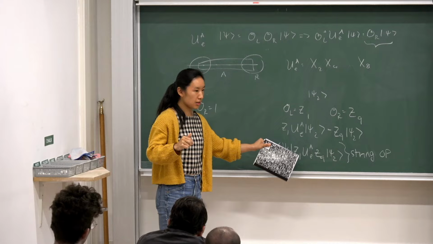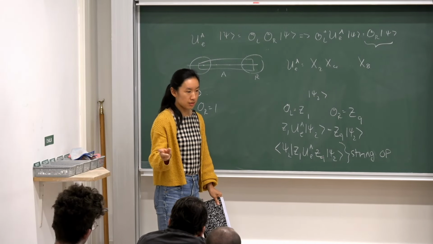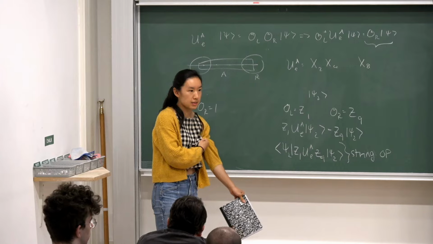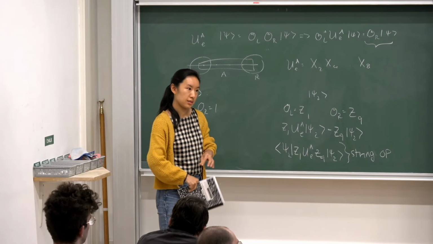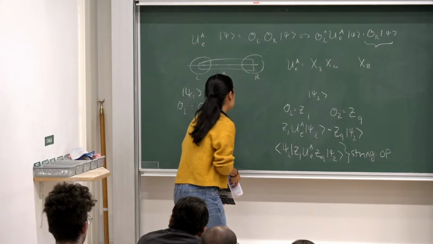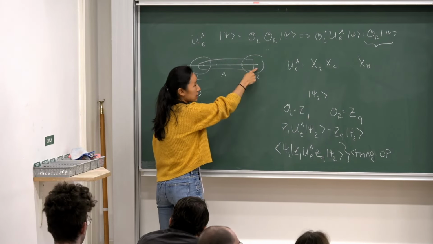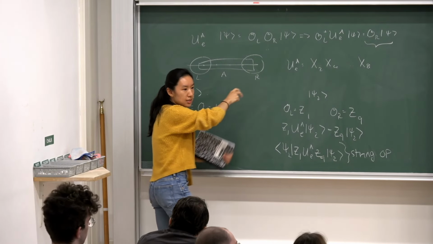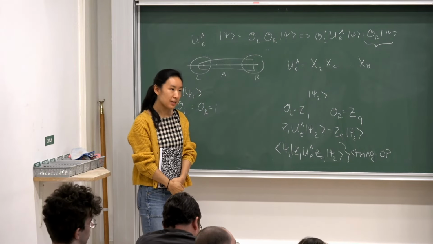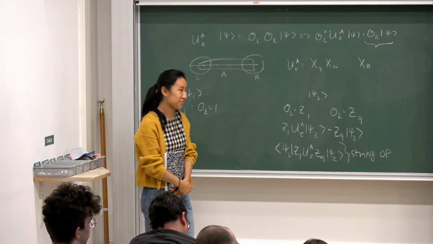But in this case, it's not just a local order parameter, it's a string operator that you're taking the expectation value of. You mean the operator in the middle? Yeah, this is an operator that acts like x, x, x, and then z, z on the endpoints. So it's not just a local two-point correlation function. I see, because there are all these local operators. Yeah, it's like a string operator.